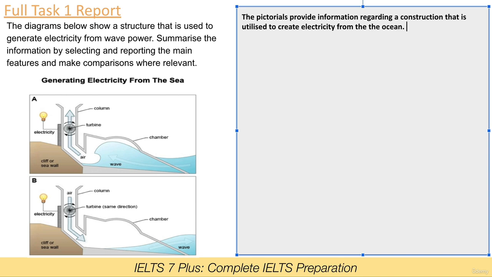We could be more specific. Is there another word for waves? Maybe from the ebbs and flows of the ocean, which is referring to the movement of the water. Let's read this back and have a think. The pictorials provide information regarding a construction that is utilized to create electricity from the ebbs and flows of the ocean. Okay, I think that's a good try at paraphrasing that.